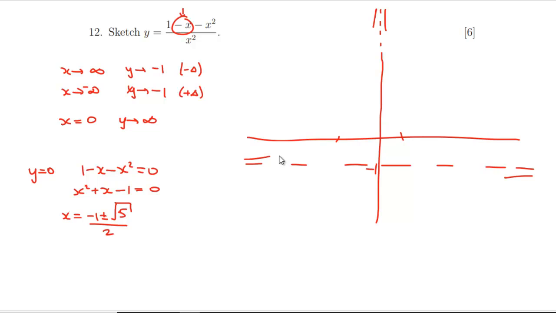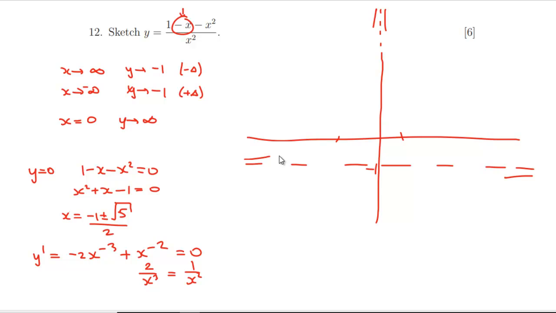So we must end up having a turning point. So y dash is going to be equal to, well, we've got x to the minus 2, so that'll be minus 2 x to the minus 3, and then minus x to the minus 1, so plus x to the minus 2. So we need that to be equal to 0, which means that, let's multiply all of these things through by each other, we've got 2 over x cubed equals 1 over x squared.